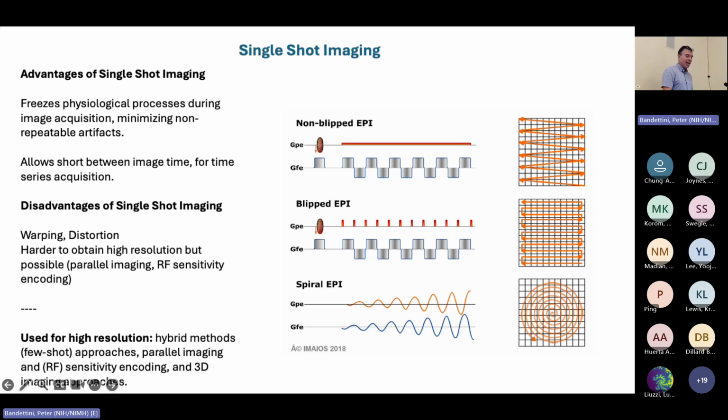How your image looks depends very much on how you go through K-space, not only how it's filled up, but how you actually traverse it. We use single-shot echoplanar imaging because we're able to fill up this K-space, this raw data space, in a way that freezes all physiologic motion.